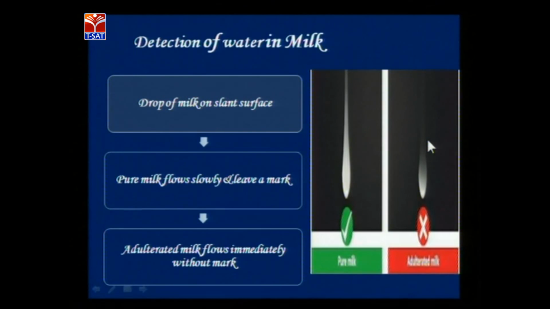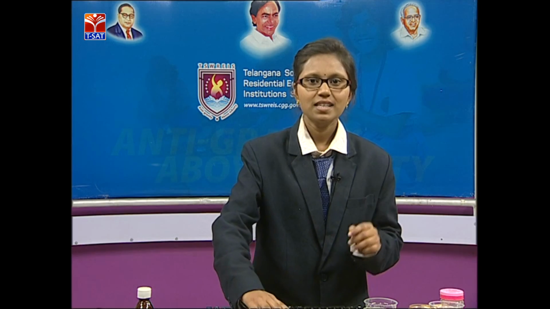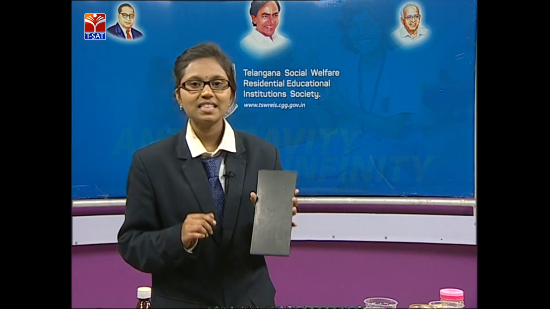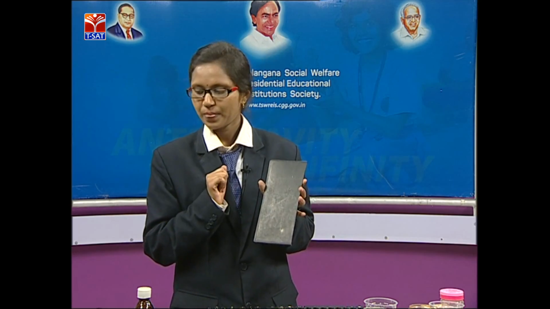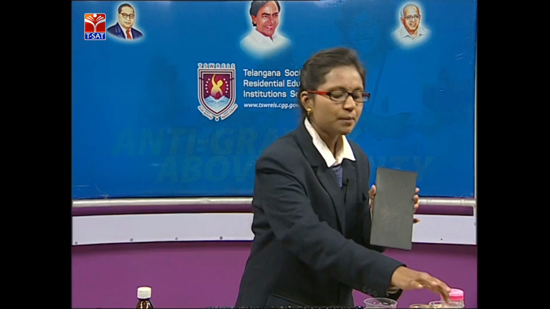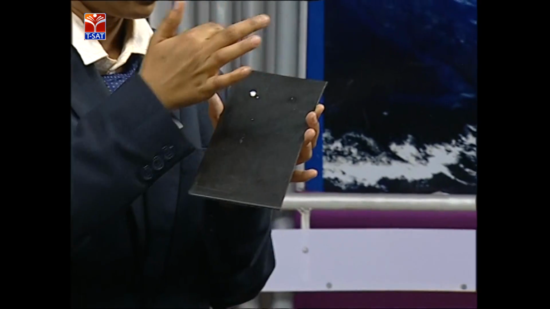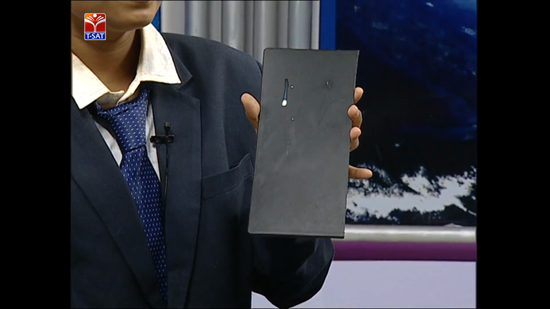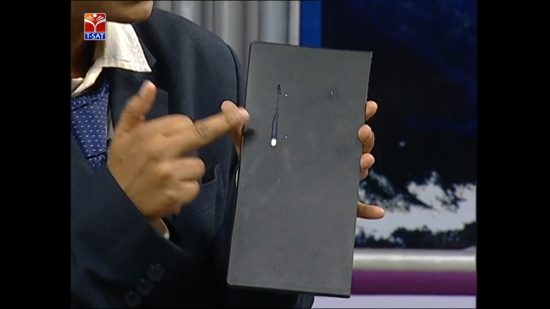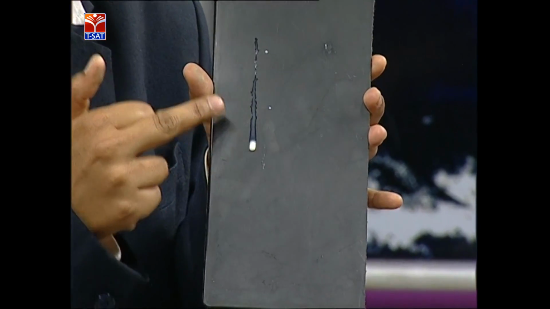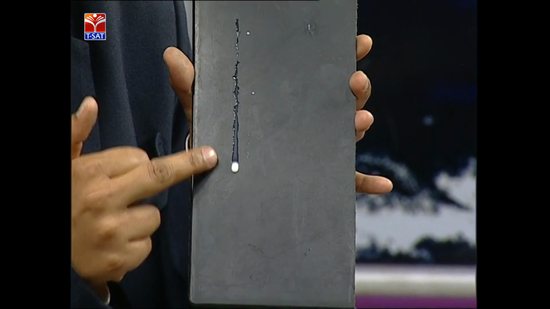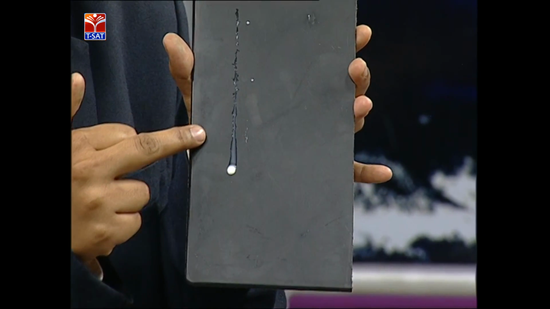Let us do a live test for this. See here friends, I am taking a slant surface. Now I am adding a drop of milk on this slant surface. See here, this milk was pure, so it flowed slowly, leaving a white mark behind, right?